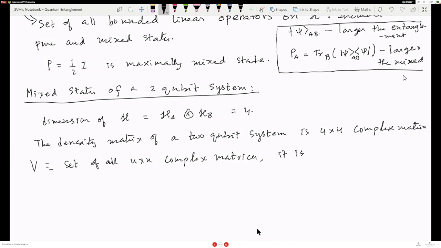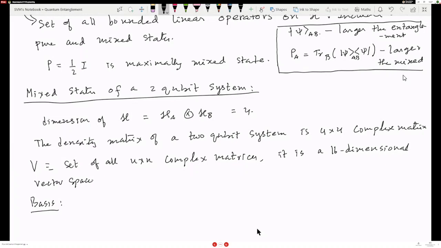So it is a 16-dimensional vector space, because there are 16 elements for 4x4. Now, one can talk about a basis of this vector space. The basis is not very difficult to figure out.